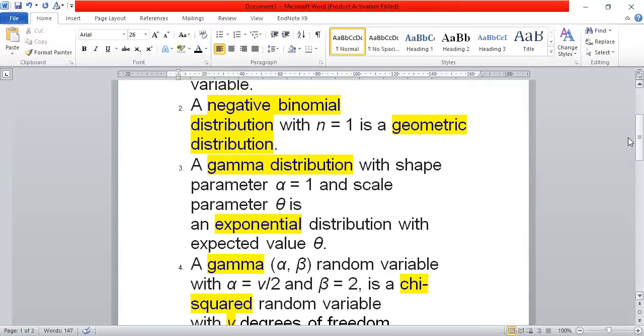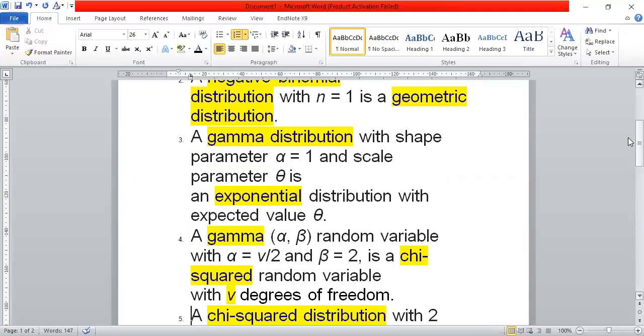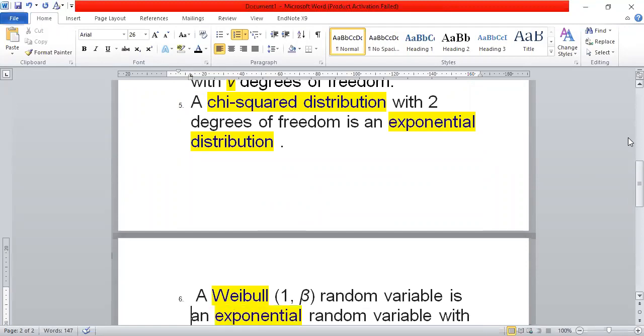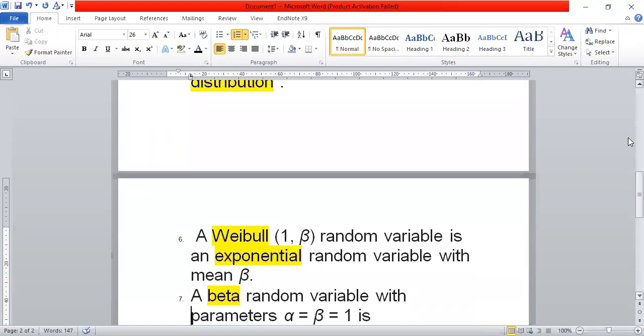You can see that we are mostly taking n equal to 1. When n is equal to 1, binomial converts into Bernoulli. When alpha is equal to 1, gamma converts into exponential. The chi-square distribution has only one parameter, its degree of freedom, and with 2 degrees of freedom it is an exponential distribution.